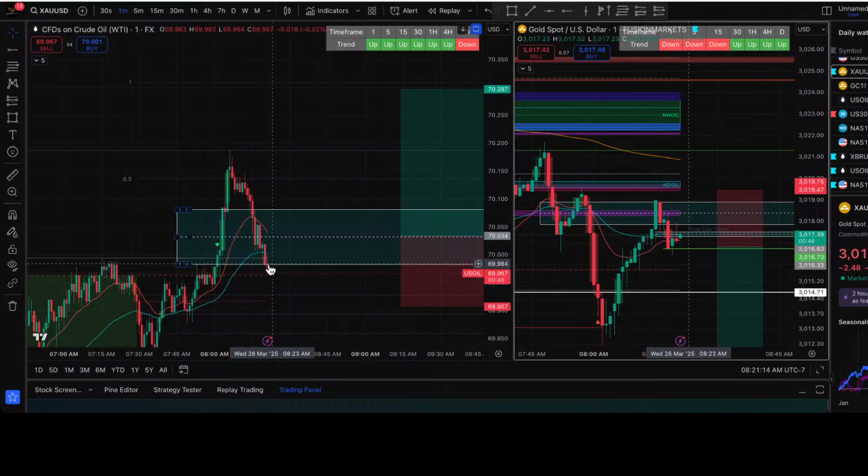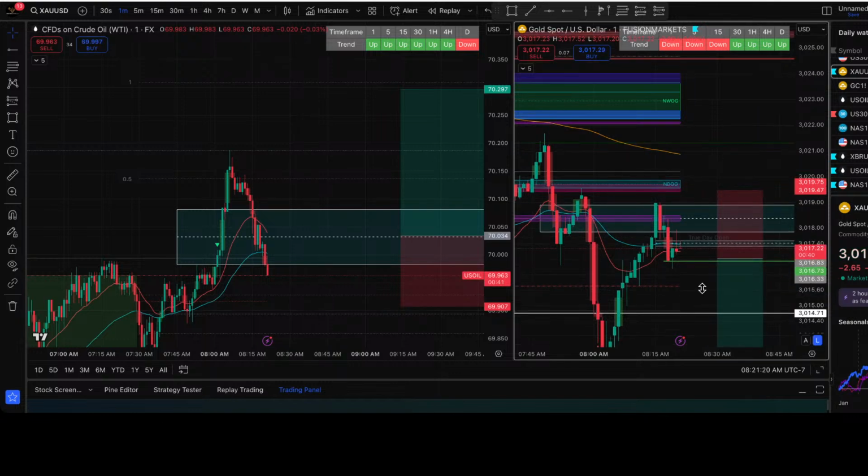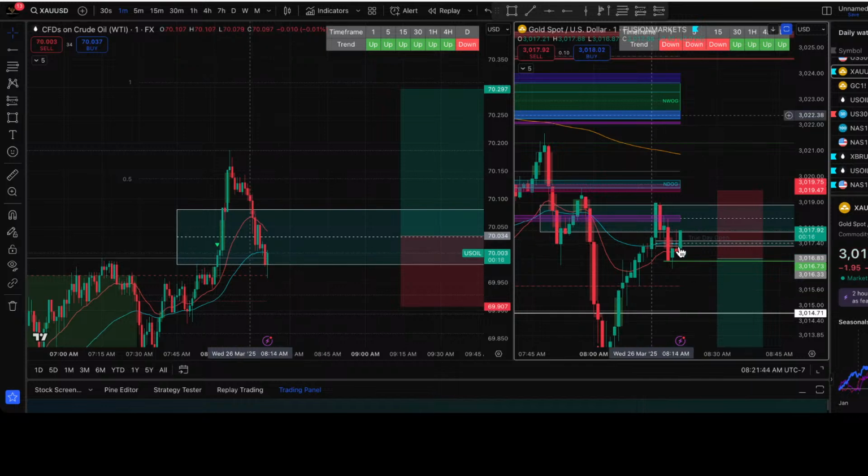That's why we wait. Going back up to take a swipe at this purple zone.